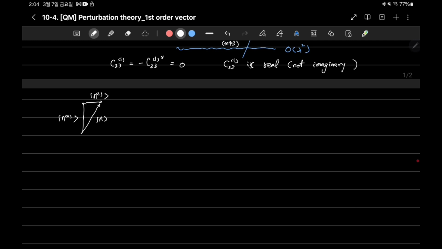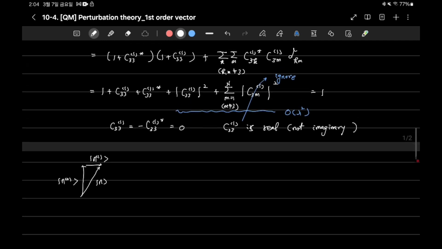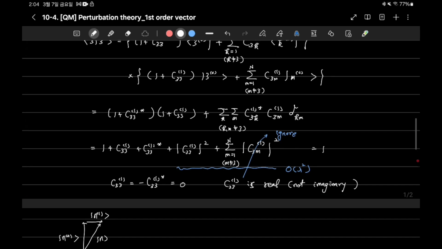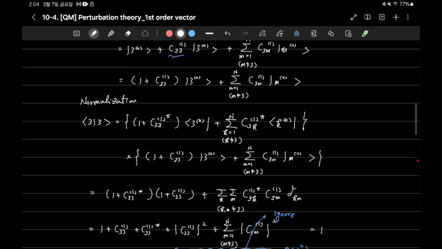And also, in other words, C33 first is a real value.